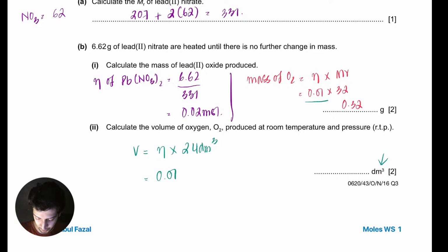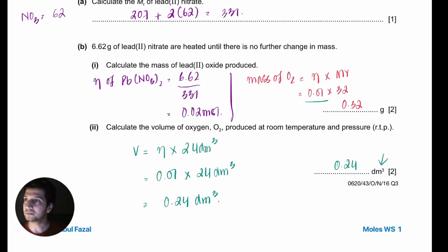Why am I using 0.01? That's why. Times 24 decimeter cube. I don't have to calculate anything again. And this is just going to be 0.24, but I'll confirm. 0.01 times 24 is just 0.24 decimeter cube. I'll put the units.